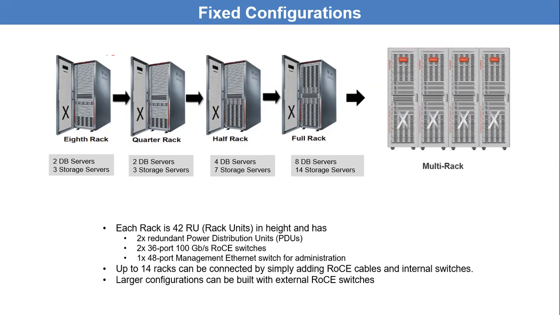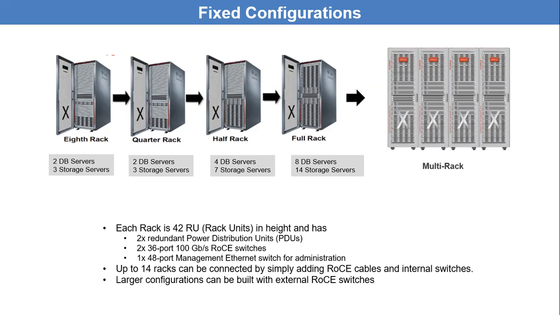So all these components are nicely packaged inside the rack. This is like a box. And each rack also comes with 2 36-port 100 GB per second RoCE switches and 1 48-port management Ethernet switch for administration. So in each rack, these are the standard components.